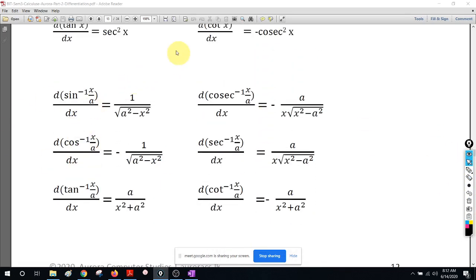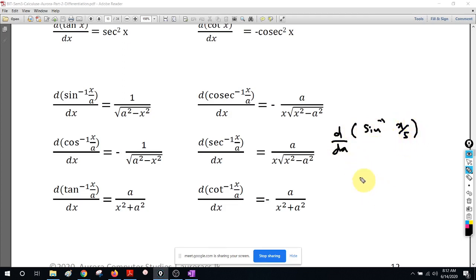Right? So let's do it. So say you are supposed to do this derivative: d by dx of sine inverse of x divided by 5.